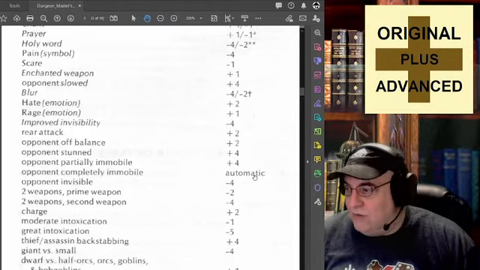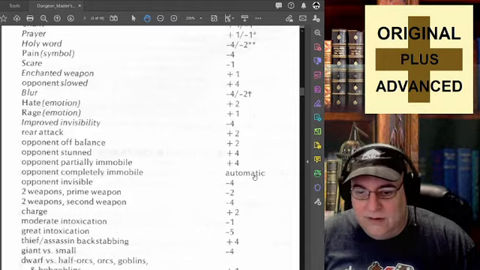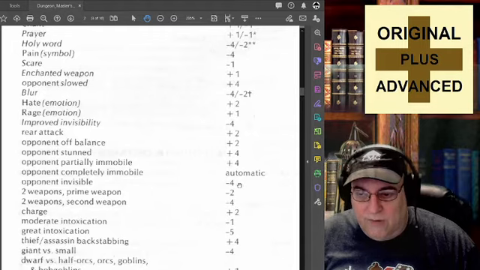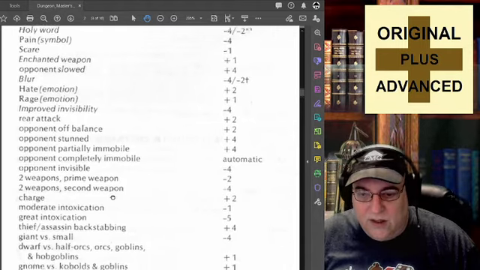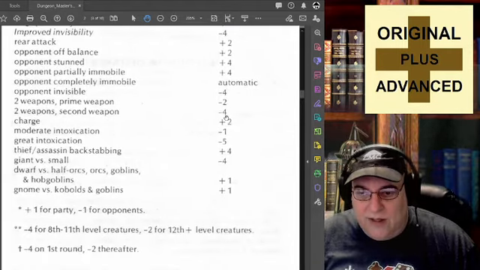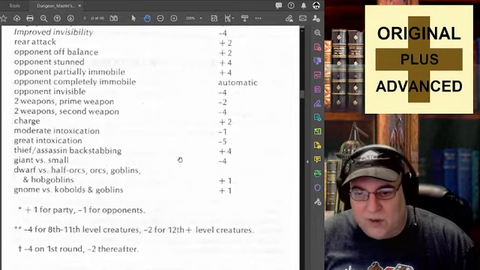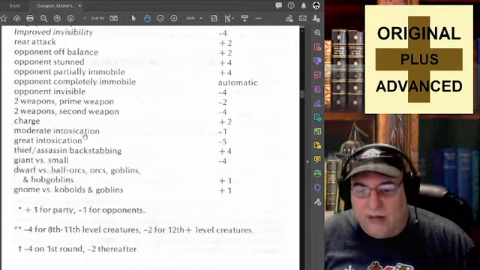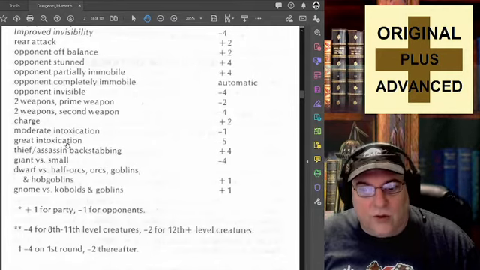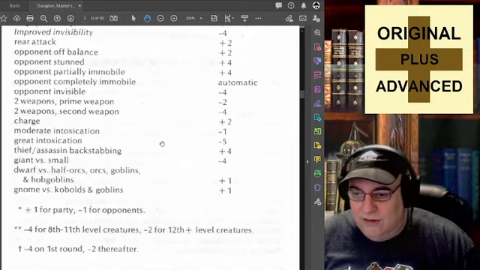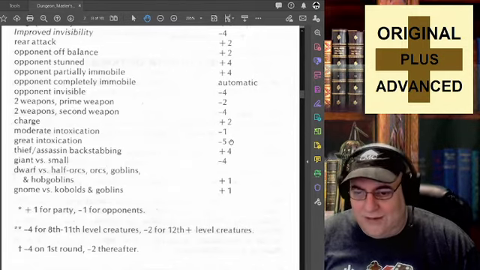You don't have to roll to hit somebody who's completely immobilized. Opponent invisible, there's their -4. Two weapons, prime and secondary, if you're using two weapons, -2, -4. Charge +2, there you go. Moderate intoxication. Great intoxication. What could be better than great intoxication?